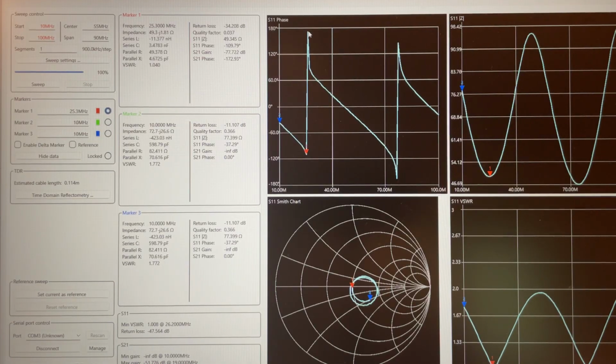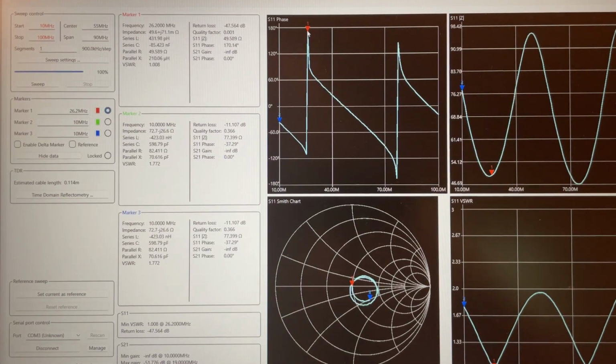Okay, and what do we expect now? We're going from 50 ohms to 100 ohms. So at the quarter wave frequency, what would we expect? We'd expect to match the 50 ohms and have a low SWR.